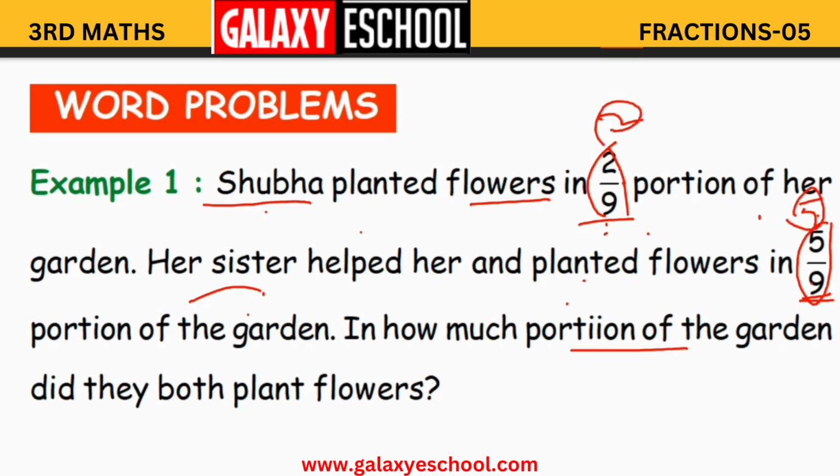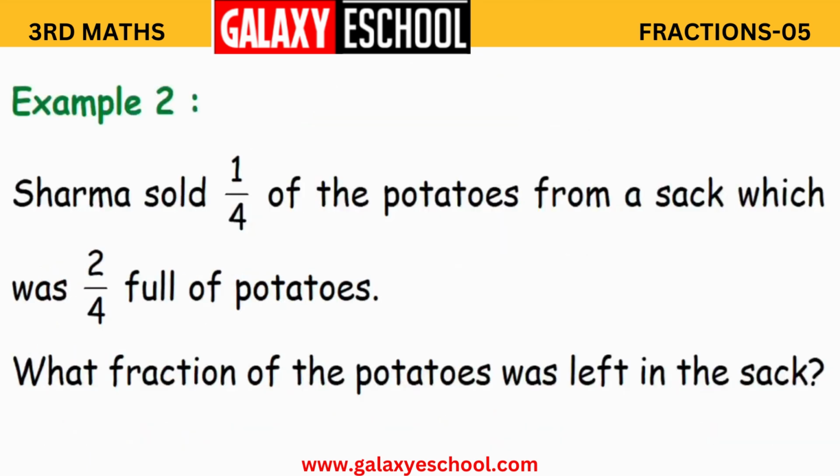Yes or no? In the same way here we need to add both of these. Which fractions? Like fractions. They have the same denominator. So we need to add these both like fractions in order to find out the total portion in which they planted flowers. Yes, Shubha and her sister planted.